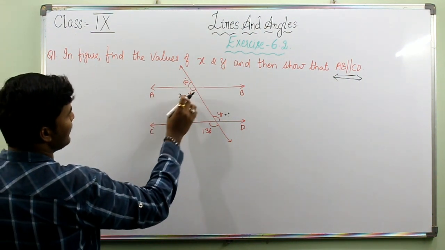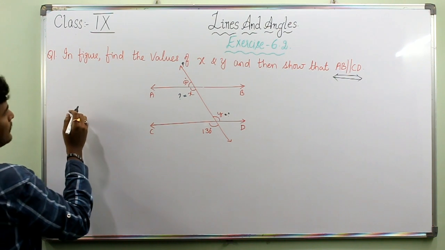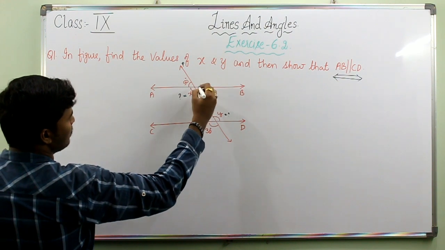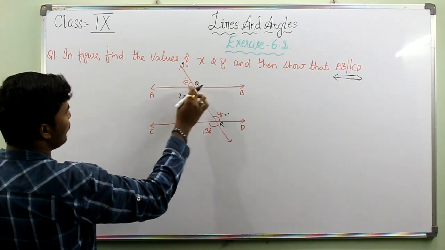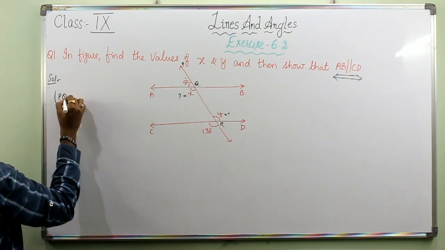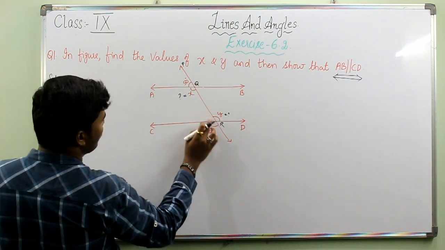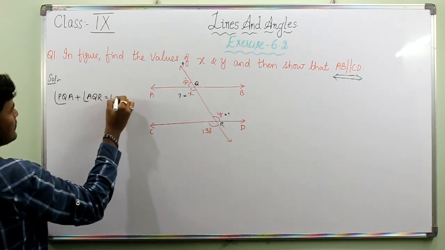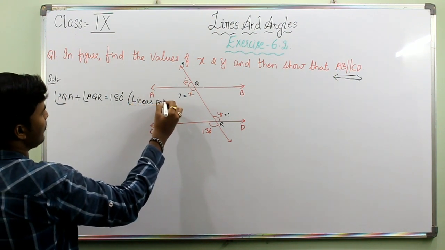Let us consider this as P, and take PQR. So the first solution we can write is angle PQA plus angle AQR is equal to 180 degrees, because they are making a linear pair.